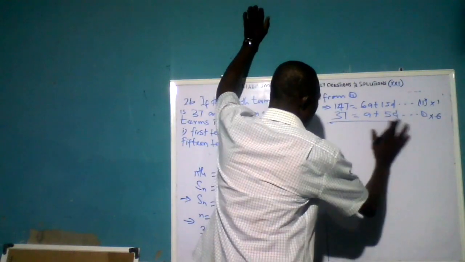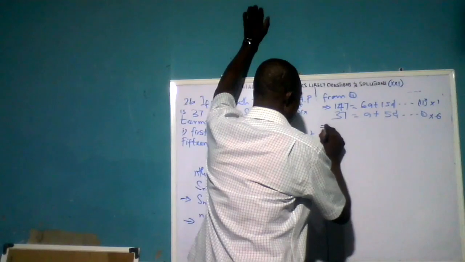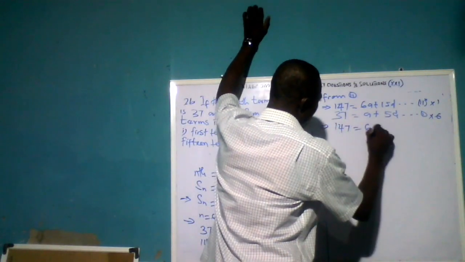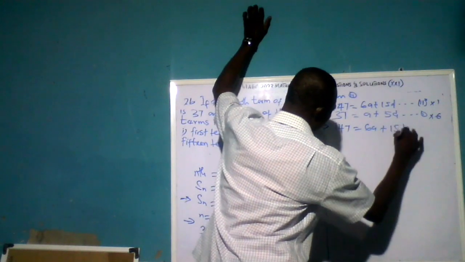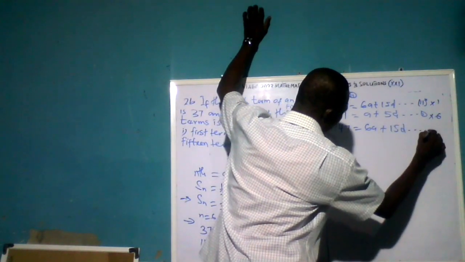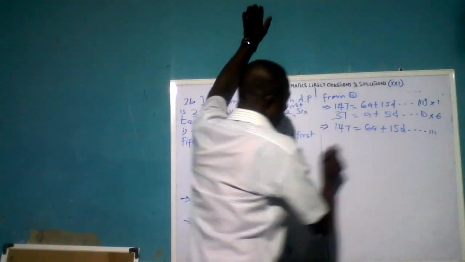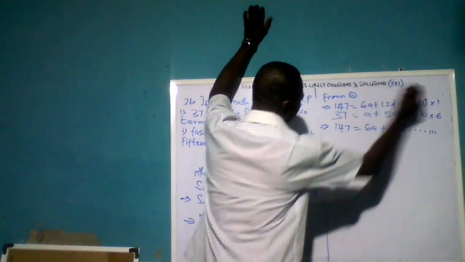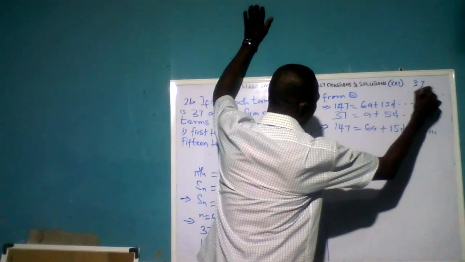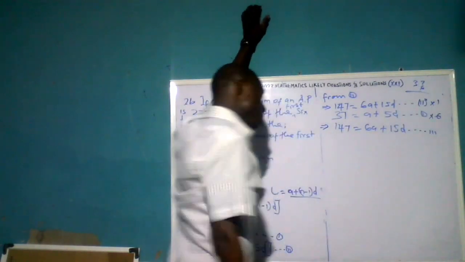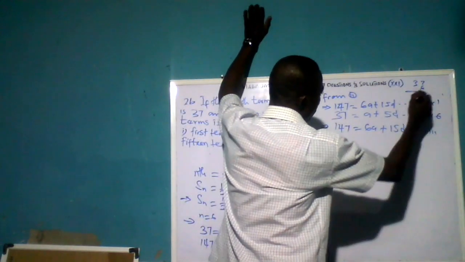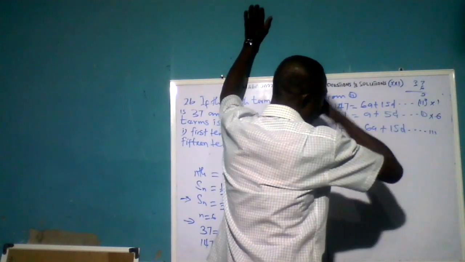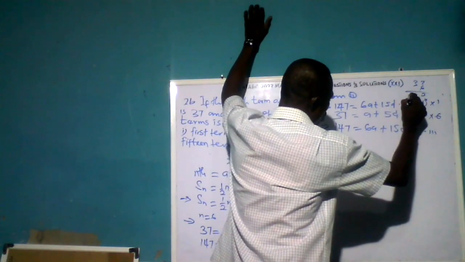So that gives you 147 equal to 6a plus 15d, call it equation 3. And this multiplied by 6, because that will be 37 multiplied by 6. 7 times 6 is 42, remainder 4. 6 times 3 is 18, 18 plus 4 is 22.